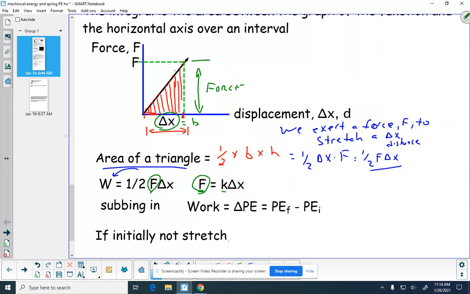Our force, once again, is defined to us as K delta x.